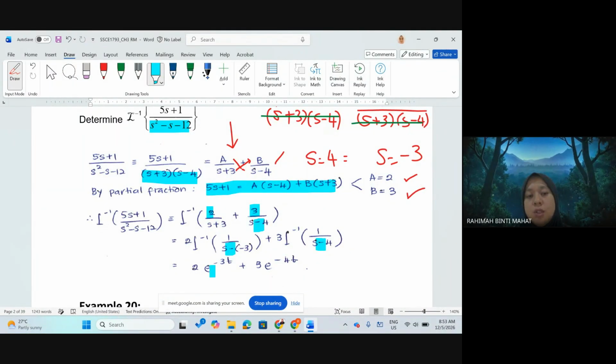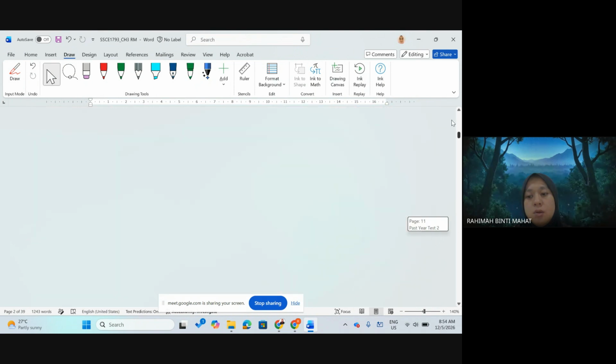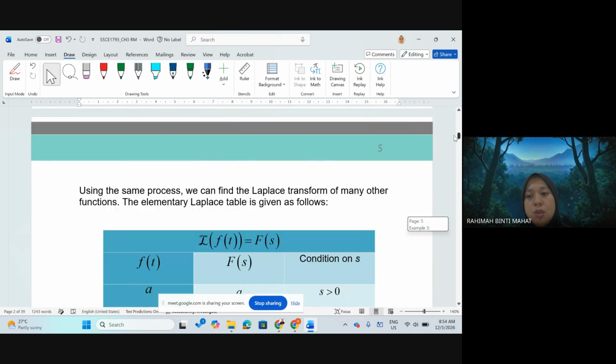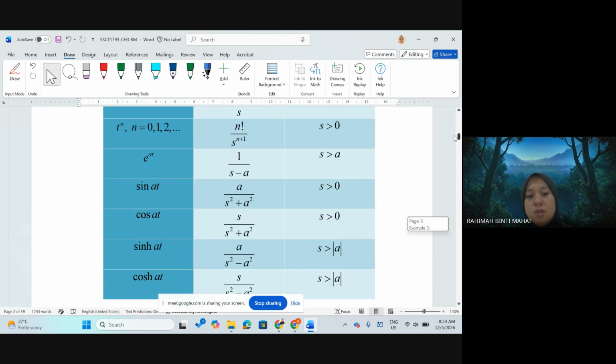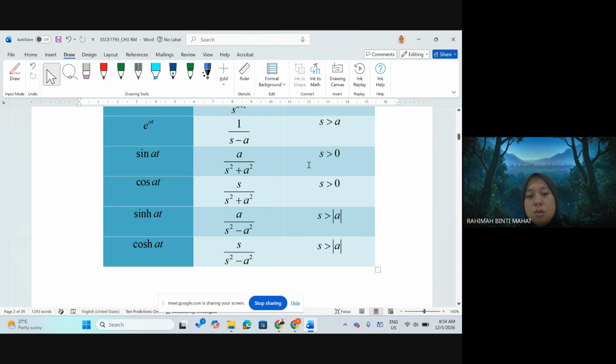Can you check whether it is the same value here, negative and negative? Wait, the table, where is the table? Negative is positive, right? So exponent 4t.